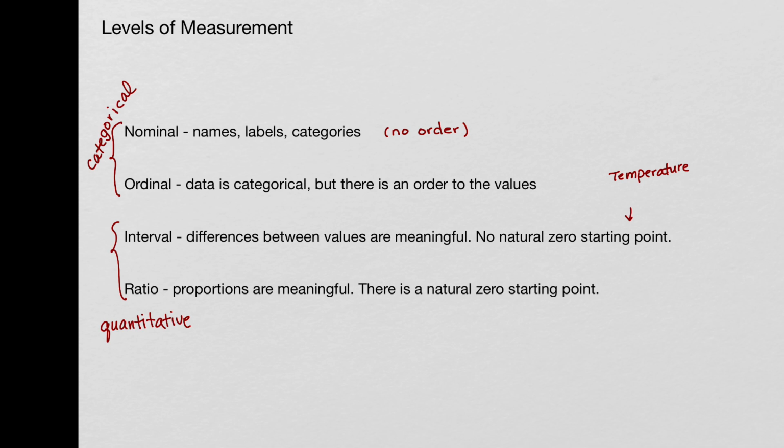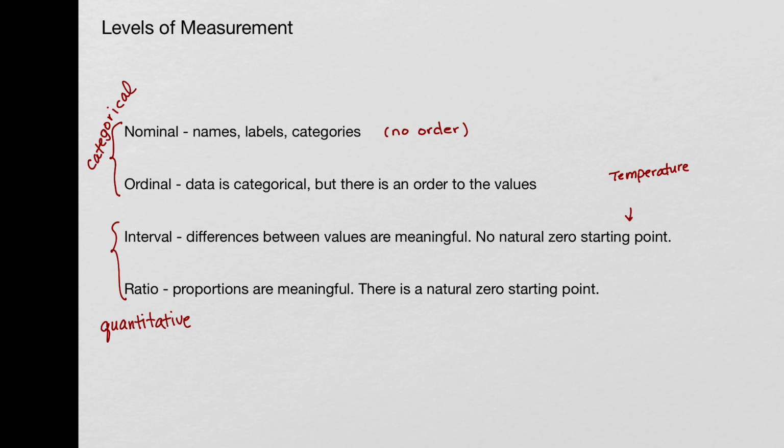It just happens to be where the scale is falling. For Fahrenheit, it doesn't even mean that that's the freezing point of water. That's at 32 degrees. So temperature would be one example of something at the interval level.